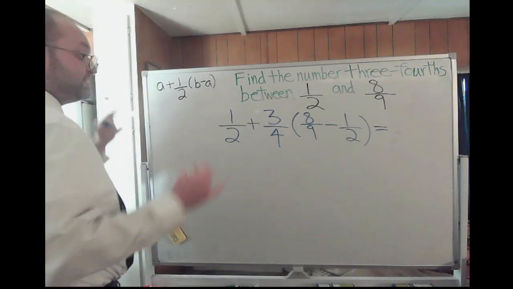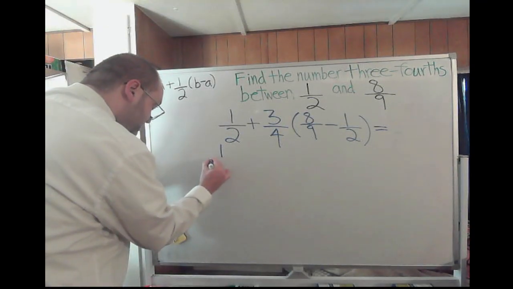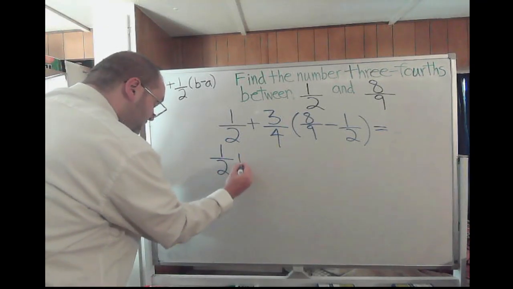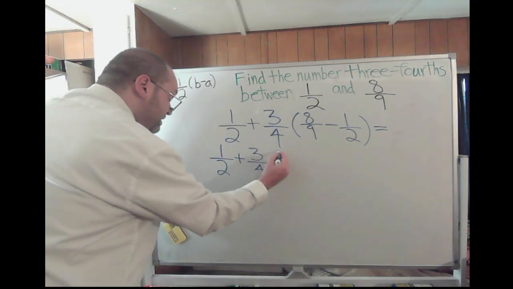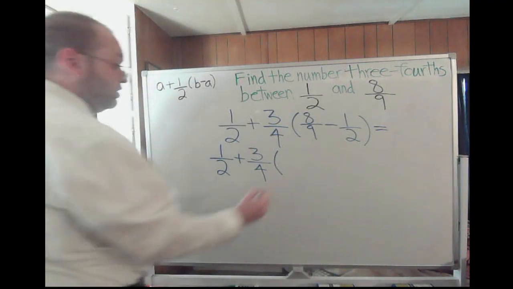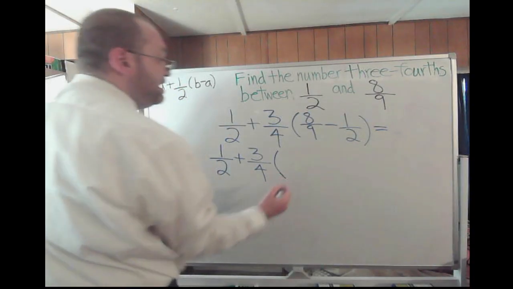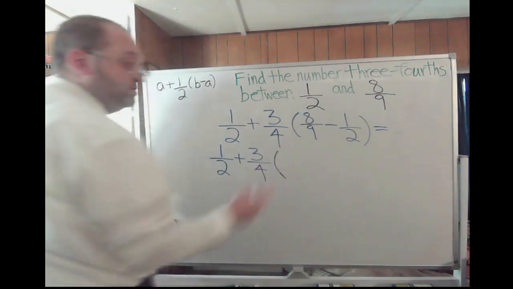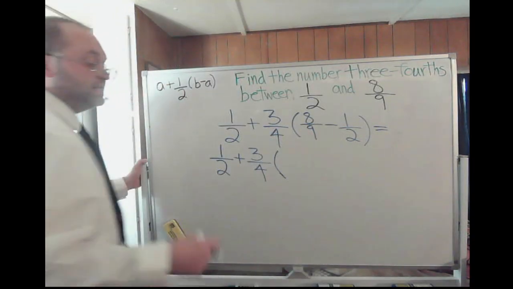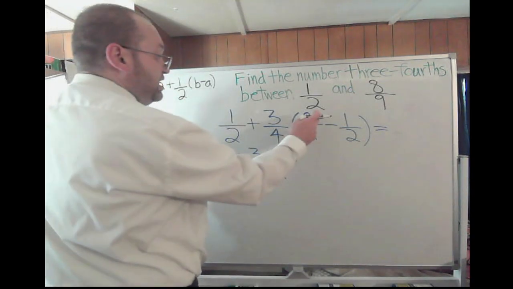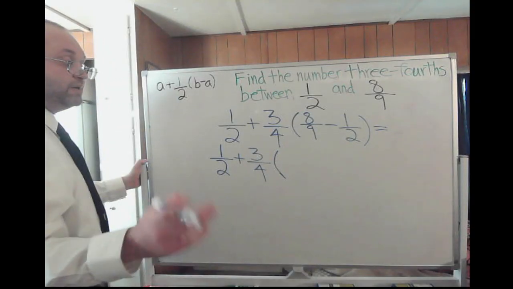Okay, well, let's work inside the parentheses here first. So you'll have 1/2 plus 3/4 times, okay, we need to find a least common denominator between 9 and 2. That's going to be 18. So in order to turn the first fraction into a denominator of 18, we need to multiply both numerator and denominator by 2.